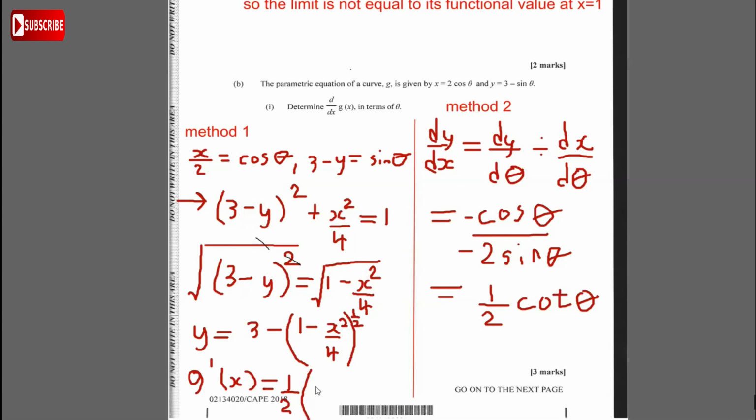So you're going to get 1 minus x squared over 4, and you subtract 1 from the power to get minus a half, times the derivative inside the bracket, and the derivative inside the bracket is minus 2x over 4. That's g prime of x. And you might say, so how are you going to get it to look like this? Don't worry, that's the least.